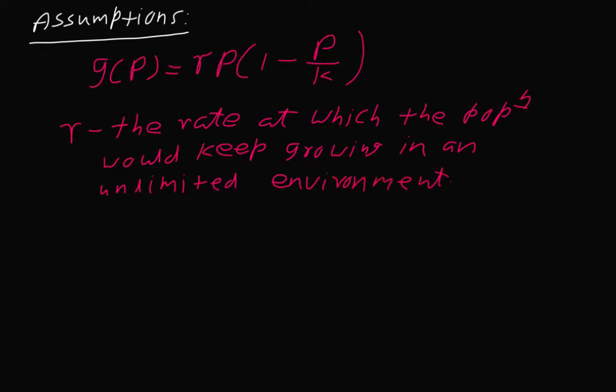And K is the maximum number of individuals that the given environment can support. Okay, we need this equation for this example.